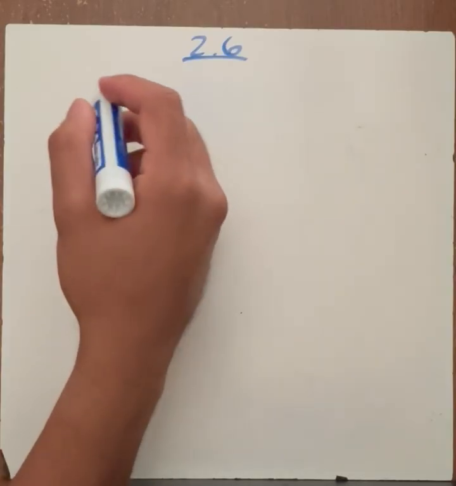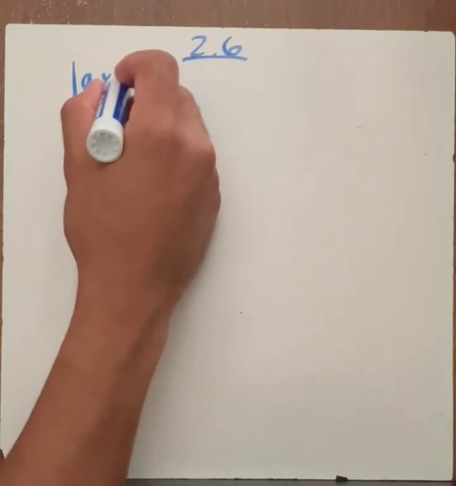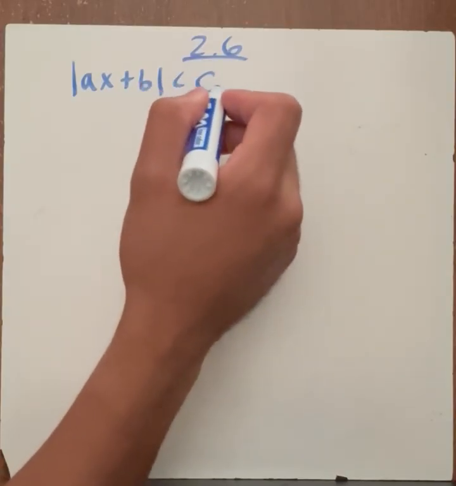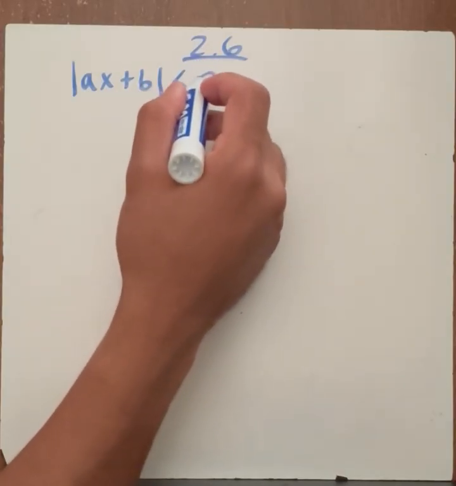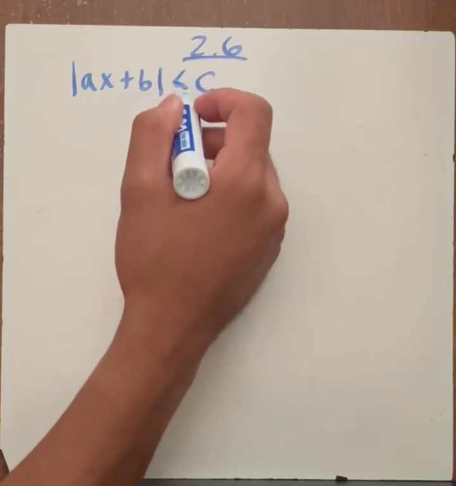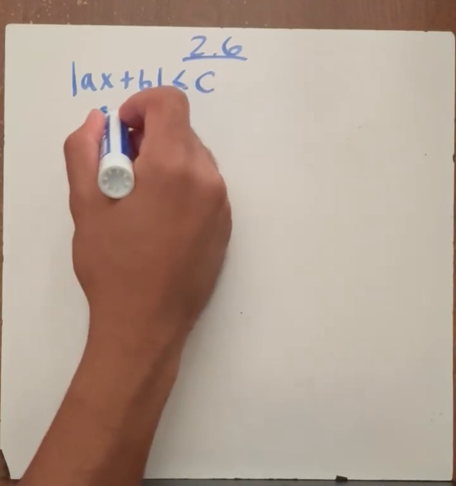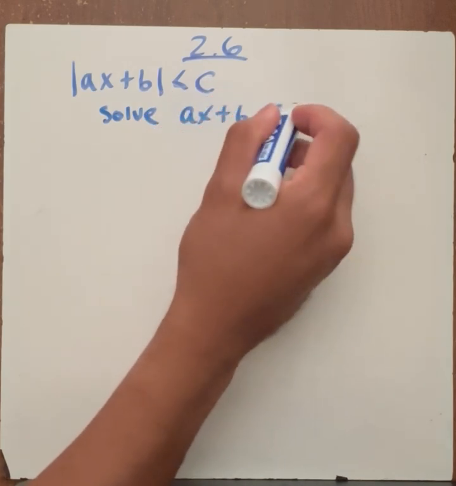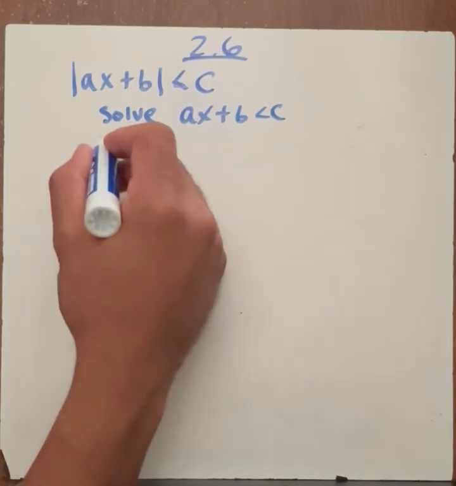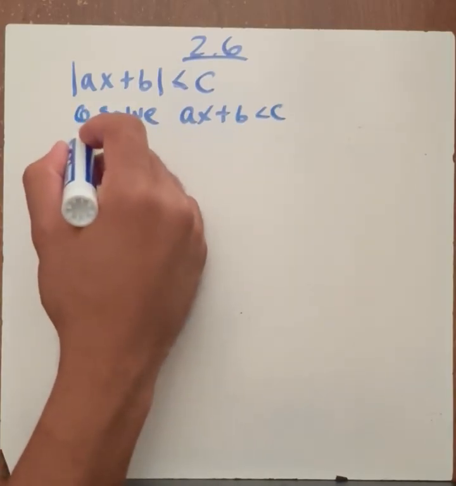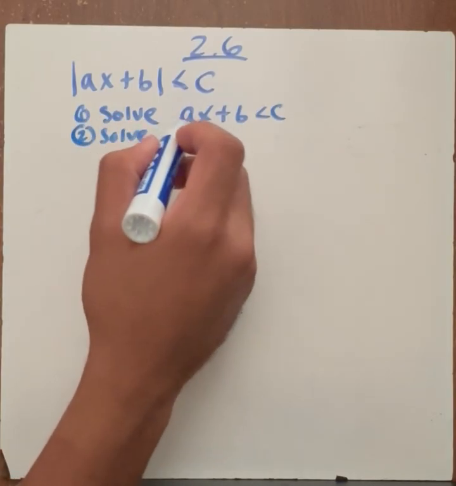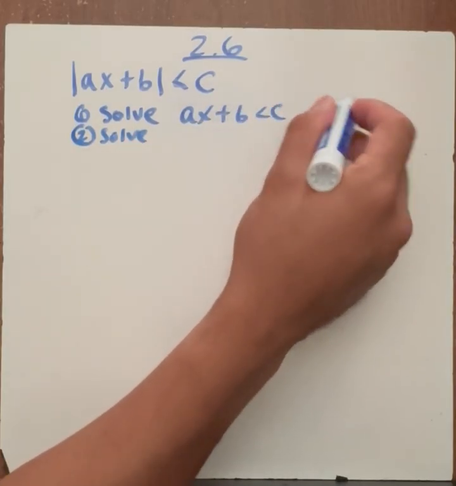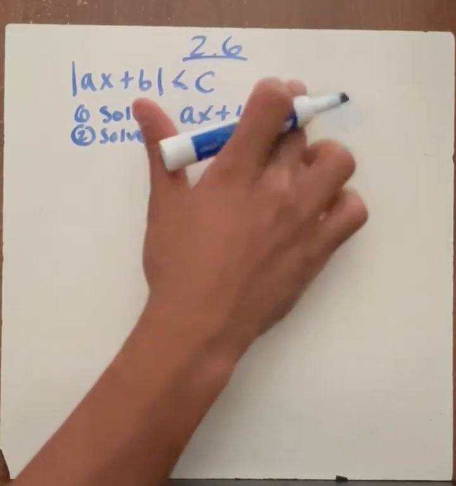Okay, so to solve the absolute value of ax plus b is less than c, for any c that's greater than 0, so this number has to be greater than 0, we'll solve two equations. So we'll solve ax plus b is less than c, and we will also solve ax plus b.